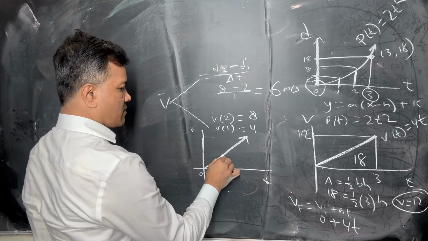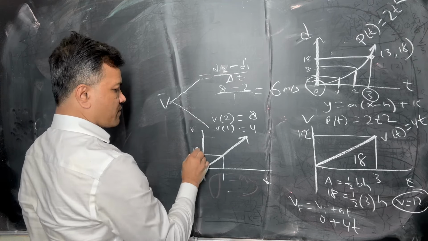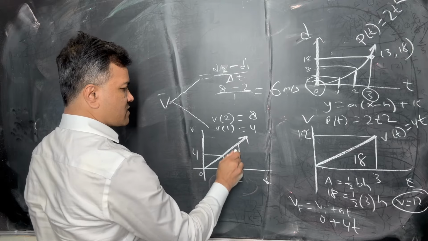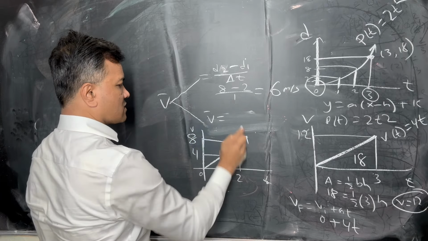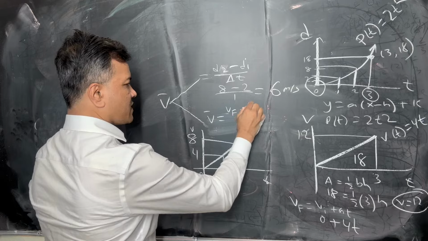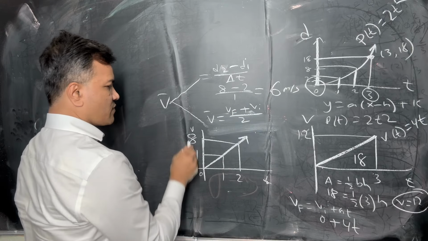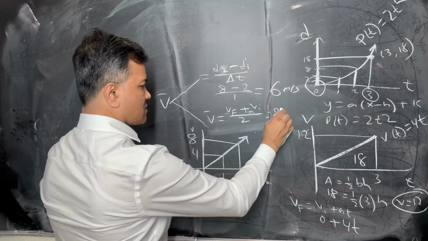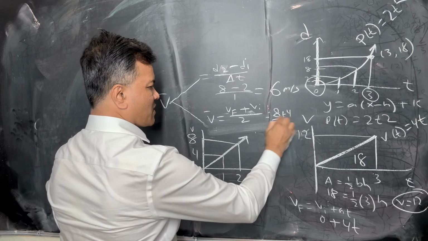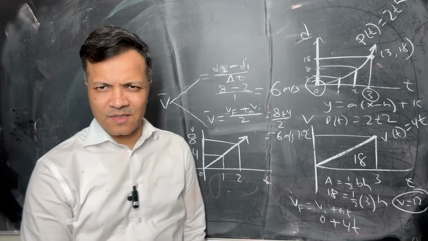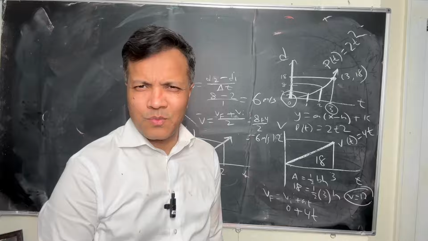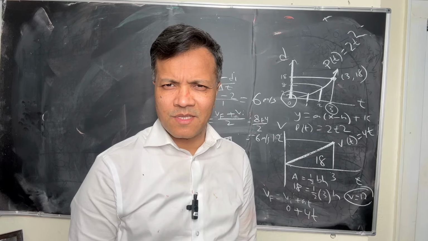At 1 the velocity is 4, at 2 the velocity is 8. So average velocity is Vf plus Vi over 2. Vf is 8, Vi is 4, divided by 2, which is 6 meters per second. So these two ways you can do it. So the problem is very simple. Problems 11 and 12, we did many times in the class.